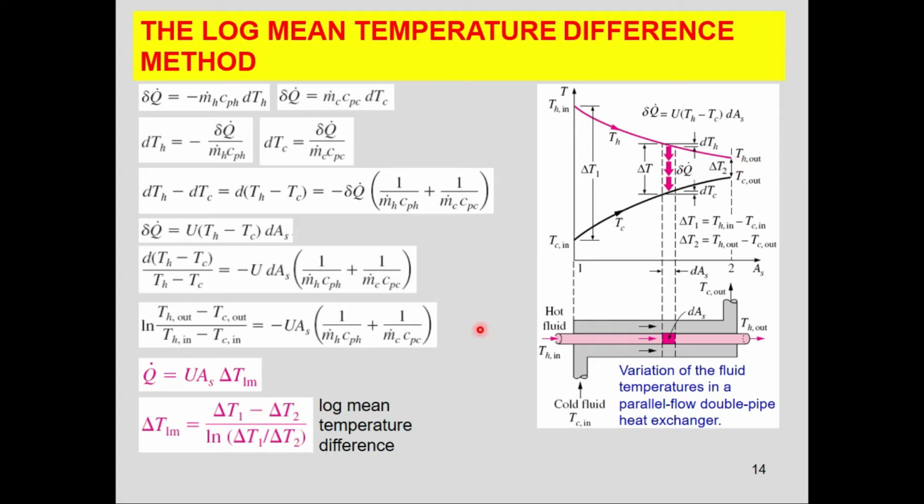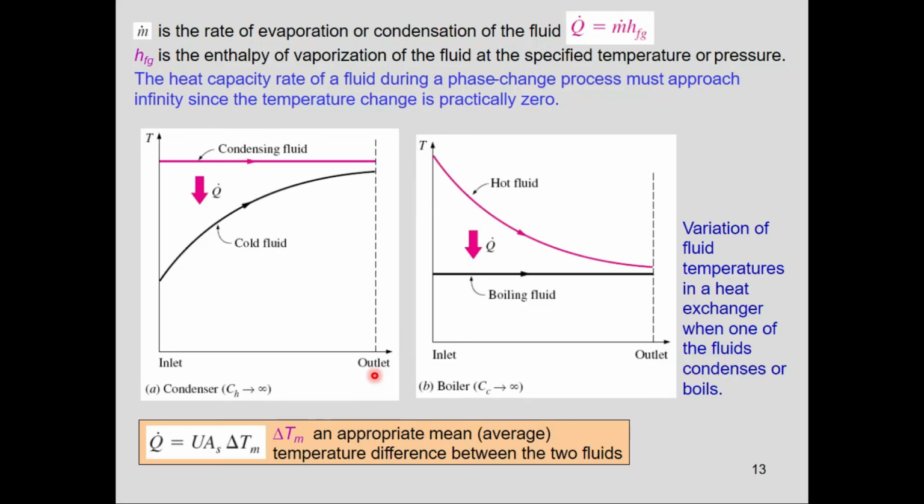If it varies along the length of the heat exchanger, then as you can see in this formula, we know the heat transfer rate, and we know the overall heat transfer coefficient, and if we want to determine the surface area of the heat exchanger, this must be some average value, or a constant value, right?